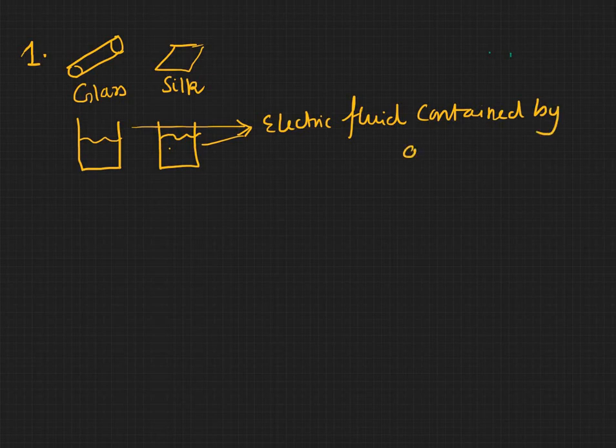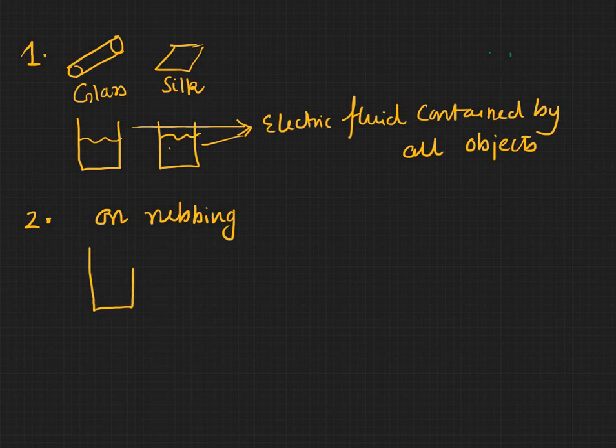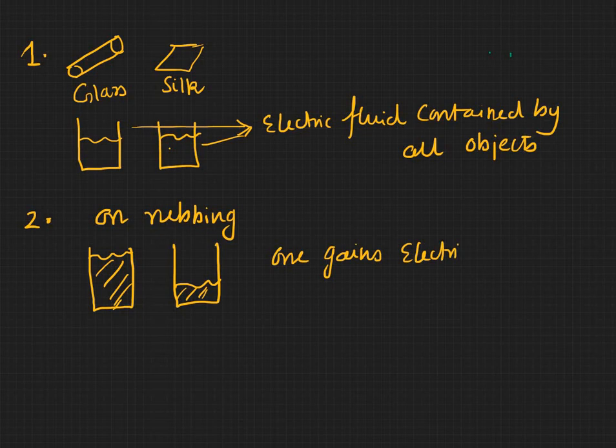On rubbing, he realized that one of them would gain electric fluid, and the other would have less electric fluid. So one gains electric fluid and the other loses.